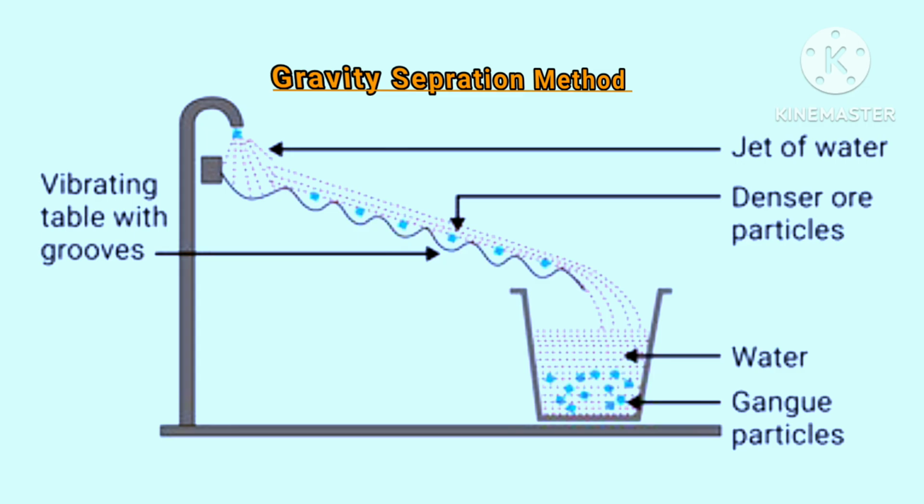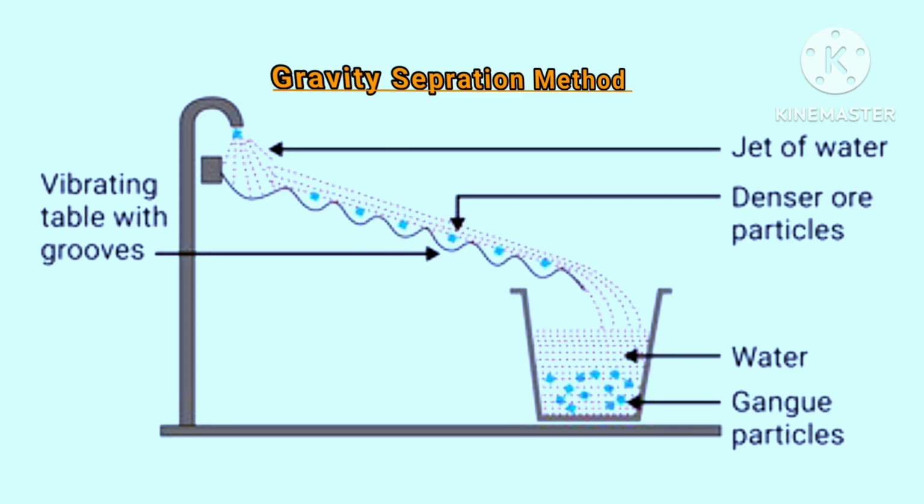In this method, what kind of things are used? Let us see in the diagram. In this method, a sloping platform and a running water stream are used, as we will see on our screen. At first, the powder of ore is placed on that sloping platform and it is washed with a stream of water. Look at the diagram.